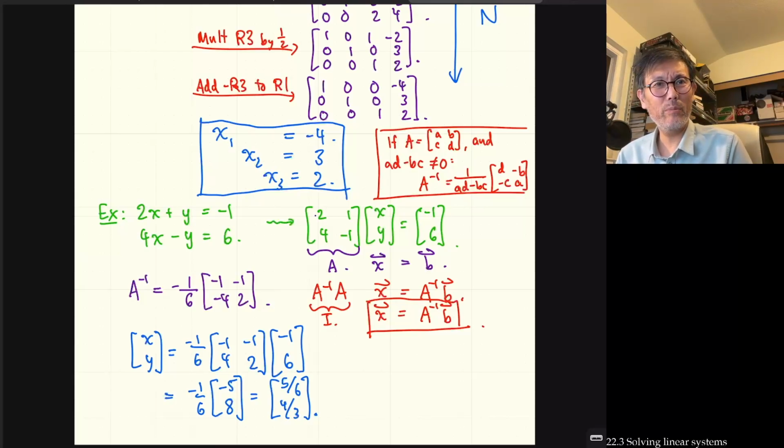Does this seem plausible? 10/6 plus... wait, something's wrong. Oh, am I missing a negative sign? I'm missing a negative sign here. Thank you. 10/6 minus 8/6.